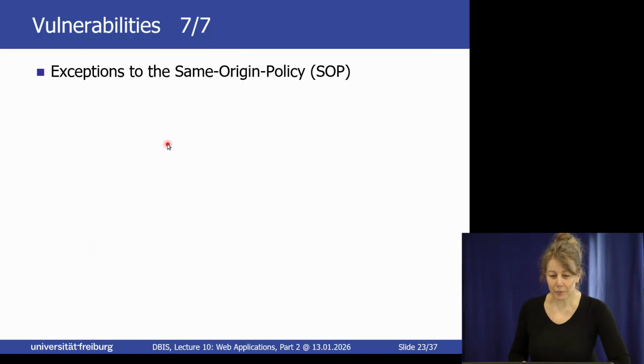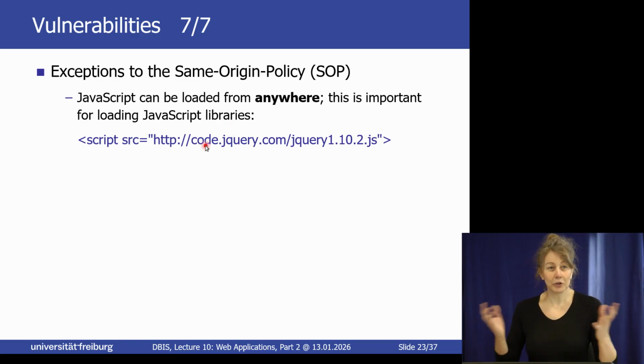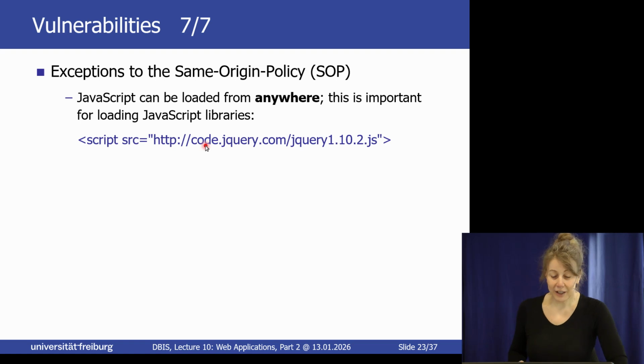So you have learned about cross-origin. Oh yeah, and by the way, JavaScript is exempted from this. You can load it in the script tag. You can write anything, because it's very common that you just include libraries via something like this. So JavaScript is exempt from this policy, which you can use for all kinds of nasty stuff.